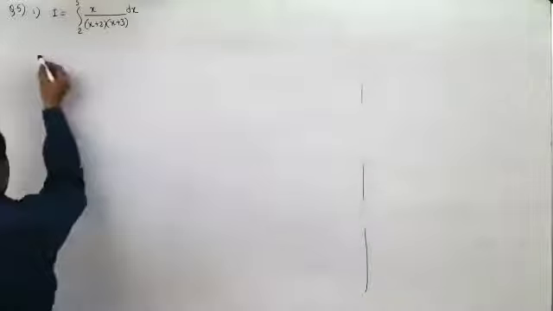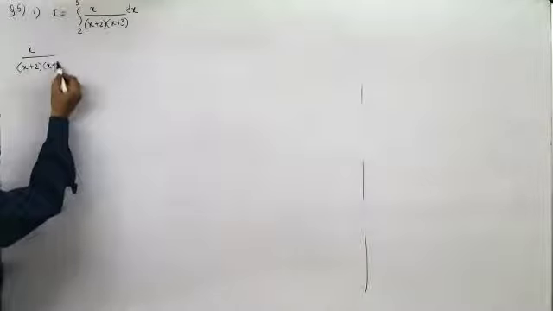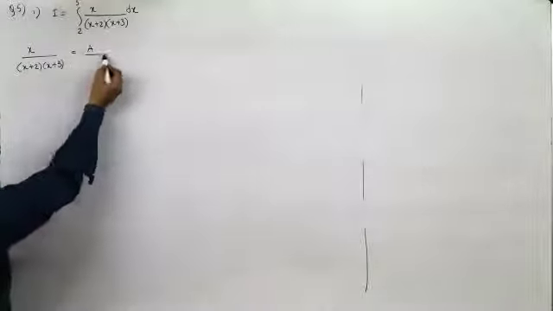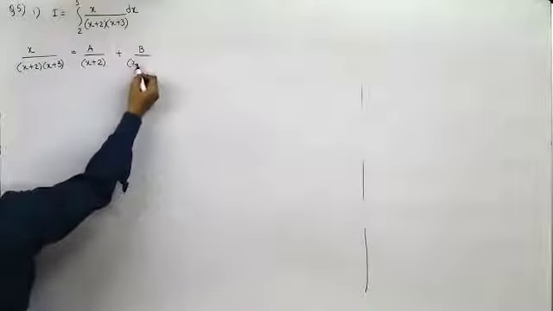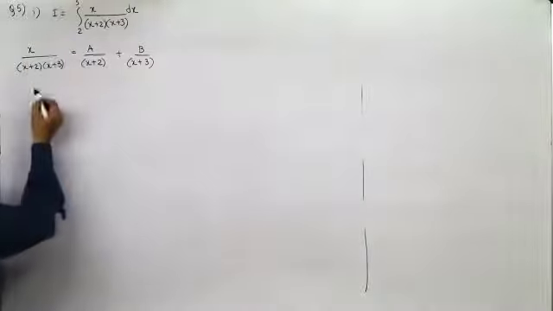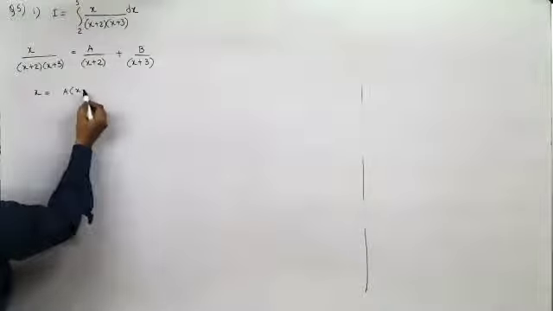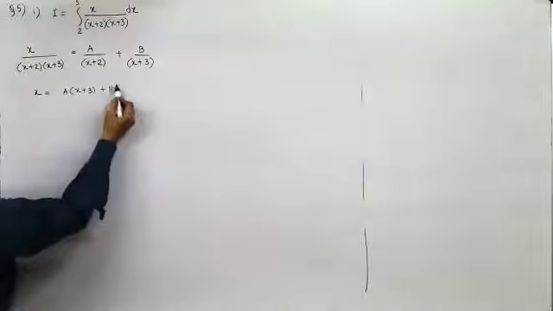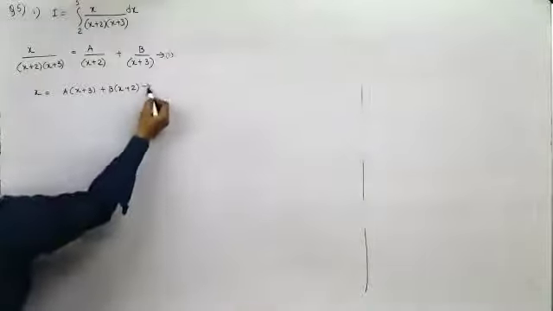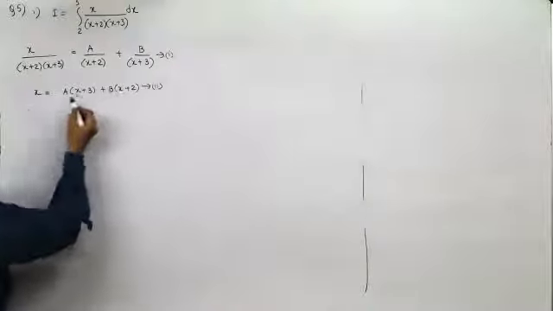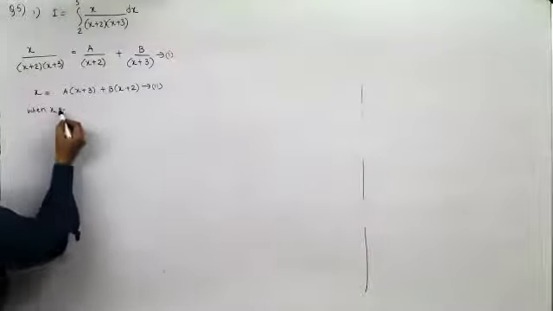Now, I'll write x upon x plus 2 into x plus 3 is equal to a upon the first term plus b upon the second term. Now, x equal to, I'll take LCM over here, I'll get a into x plus 3 plus b into x plus 2, and the denominator gets cancelled. This is 1, this is 2. Now, when x is minus 2, I'll get the value of a.